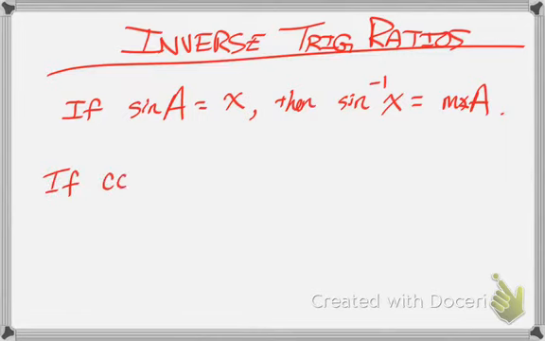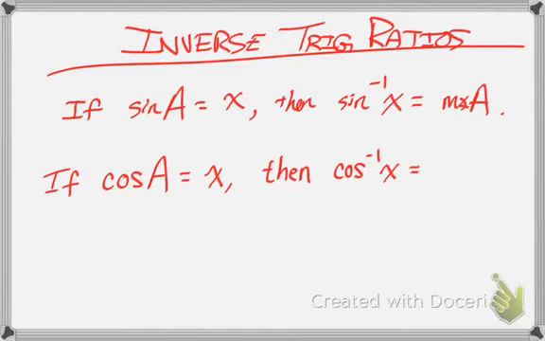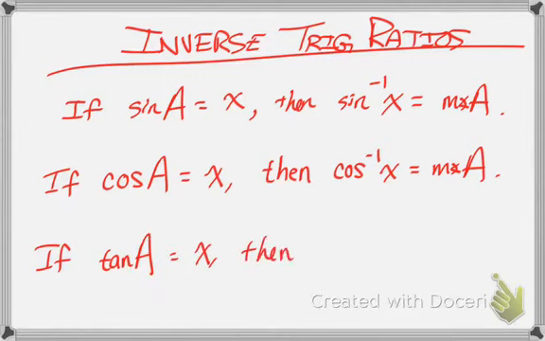If the cosine of A equals x, then the inverse cosine of x equals angle A. If the tangent of A equals x, then the inverse tangent of x equals the measure of angle A. So all that we're being given here is the opportunity to work backwards and actually find out what our angles are. So using these ratios, we can do this.